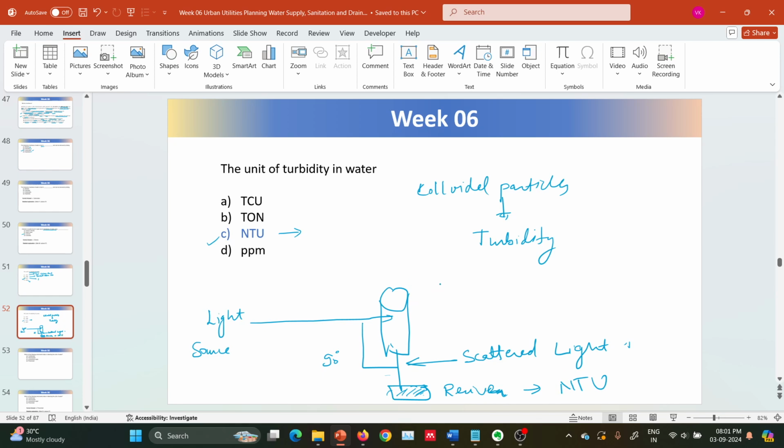And for standardization, we use a chemical. Its name is formazin.